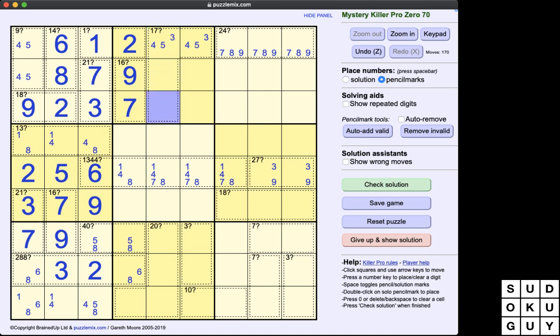Which means if this is an 8, this has to be either a 1 or a 2. And that's fine, unfortunately. Oh, it can't be a 2. It would have to be a 1. There's already a 2 in this 3x3 box. So 8, 1, and then 3 and 5. That can't rule it out.